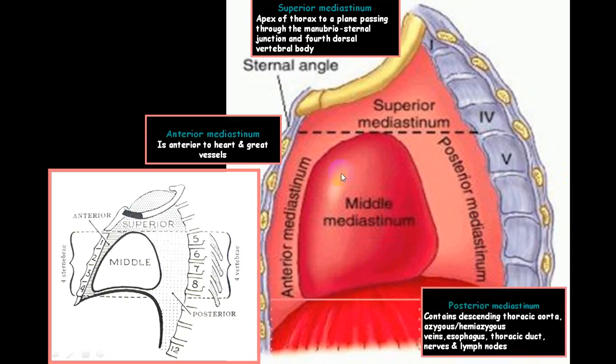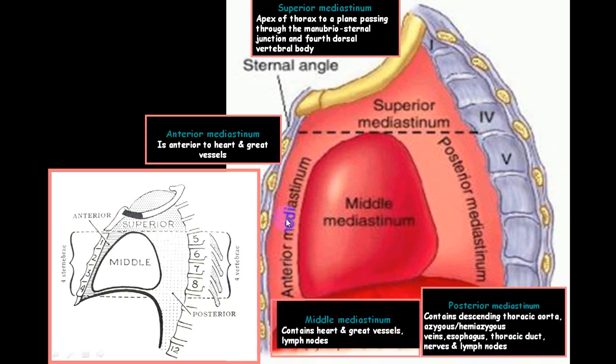Now roughly if you see, this is the anterior mediastinum. Anterior mediastinum consists of the part anterior to the heart and great vessels. Superior mediastinum is above this imaginary line. Above this imaginary line, this is the sternum, this is the manubrium sterni, this is the sternal angle. So from that sternal angle, you draw a line to the fourth vertebra.